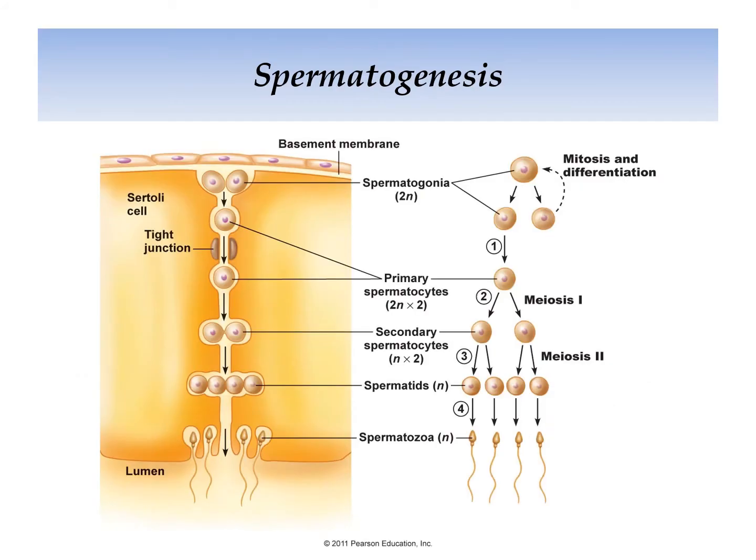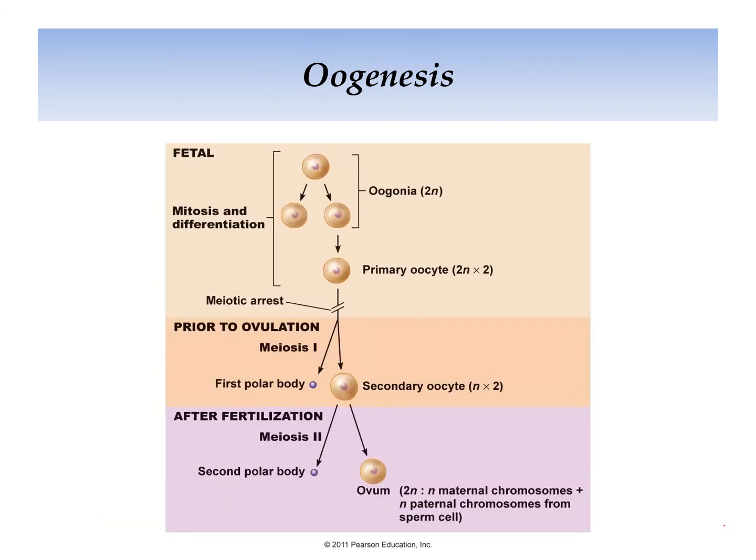When you look at spermatogenesis, you can see that these are the stem cells of the sperm, and they're called spermatogonia. As the cells divide during meiosis 1 and then meiosis 2, you then have maturity, you have spermatozoa. And it's exactly the same with oogenesis.